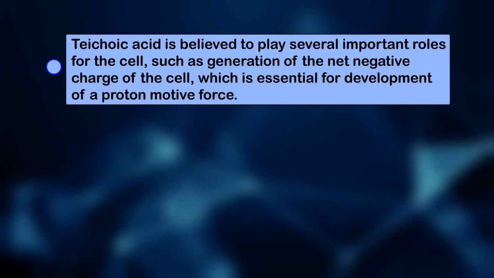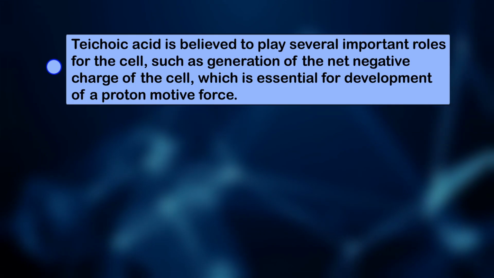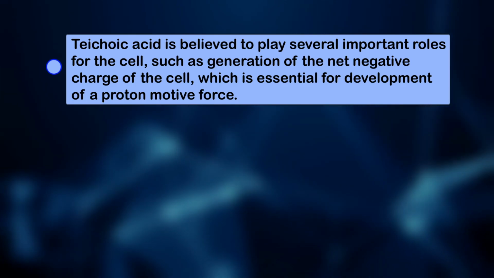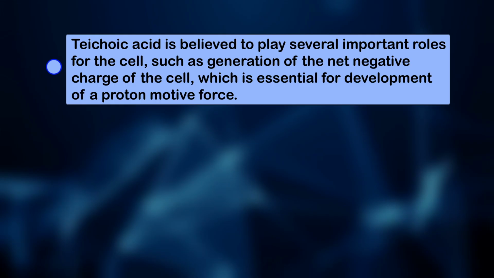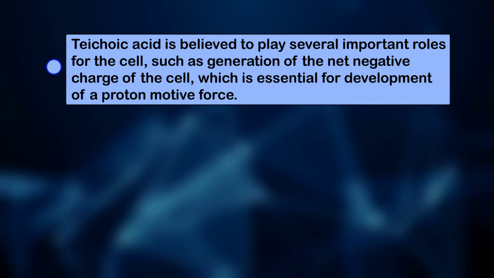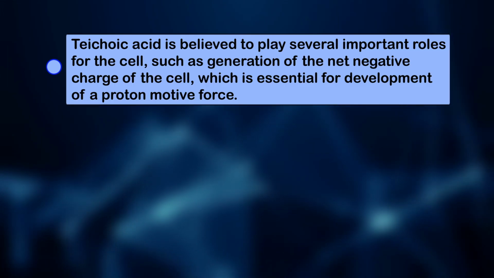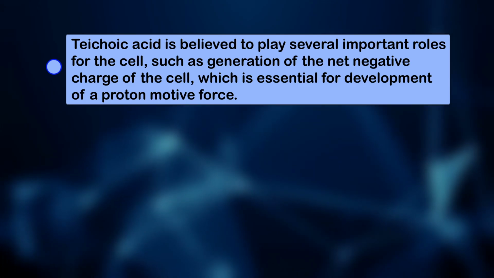Teichoic acid is believed to play several important roles in the cell, such as generation of the net negative charge of the cell, which is essential for the development of proton motive force.